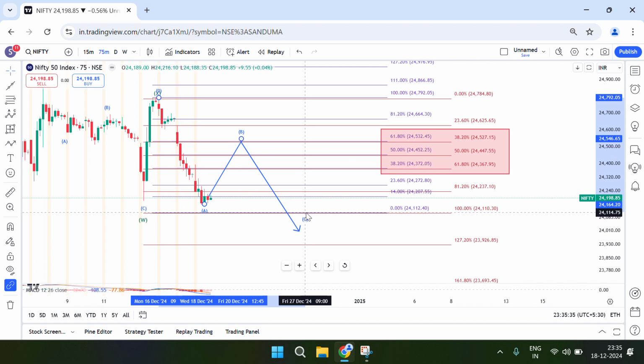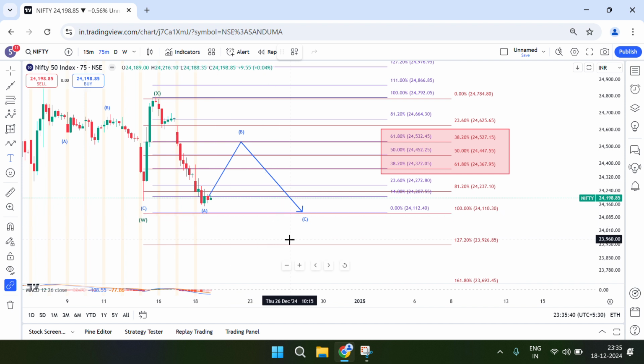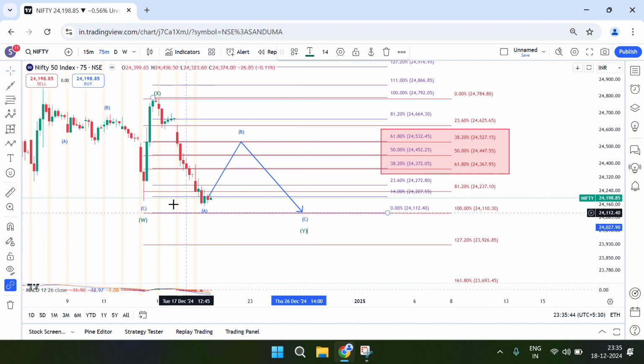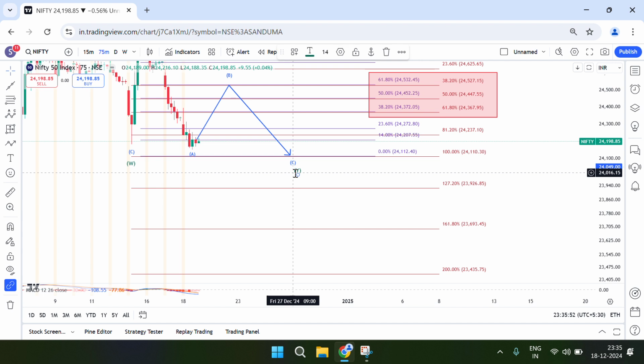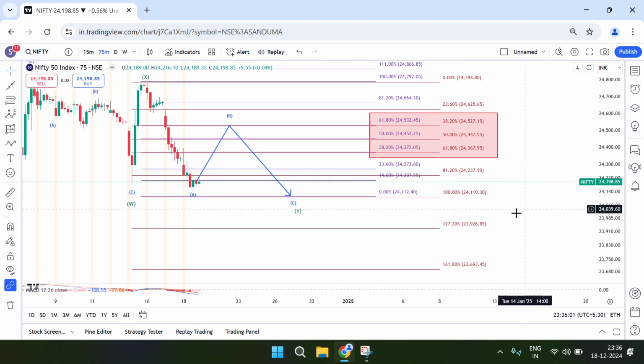I'm assuming it's probably this level 2410, and this is where we may see Y getting formed. Y can also have a very large range, so Y can even get formed here or maybe at even 161%. But we are saying that there is an equality condition getting satisfied at 2410. So this is where the price could be.